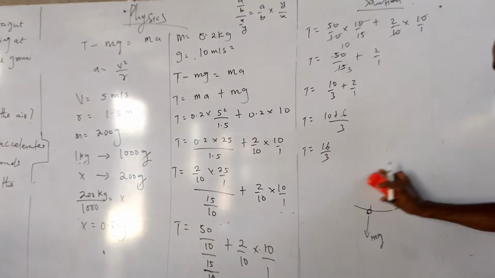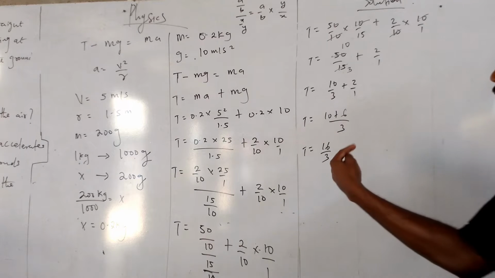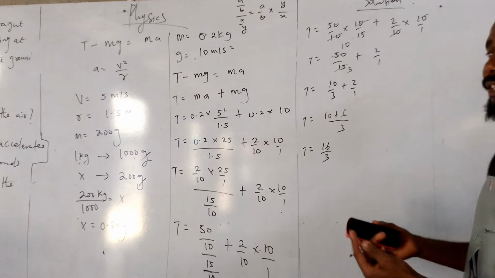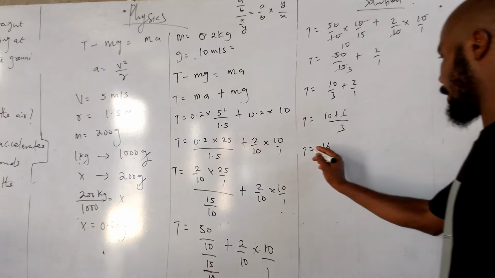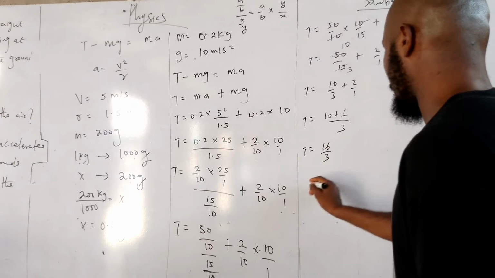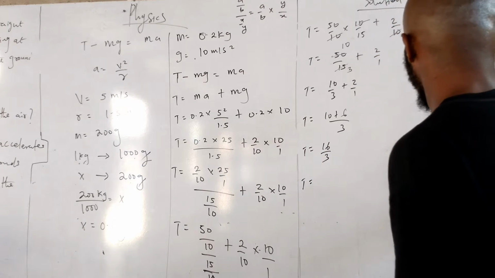16 over 6, we can leave it in this form, or we'll leave it in a mixed fraction, or we can simplify it to the nearest decimal form. Okay, let's try to see whether we can simplify to the nearest form. 16 divided by 3 will give us what?